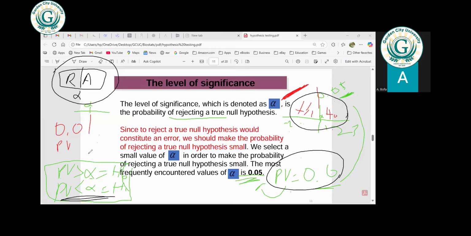Since the p-value 0.06 is greater than the alpha level 0.05, we are going to accept the null hypothesis. Since it's greater, because that's the rule, we are going to accept the null hypothesis. And now you conclude that the visit by the health worker did not cause any improvement in contraceptive usage.